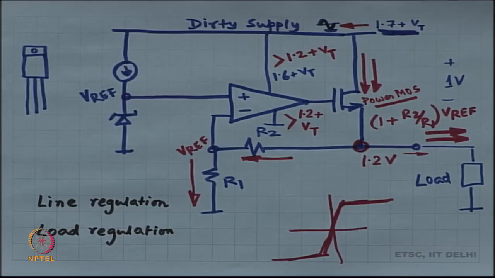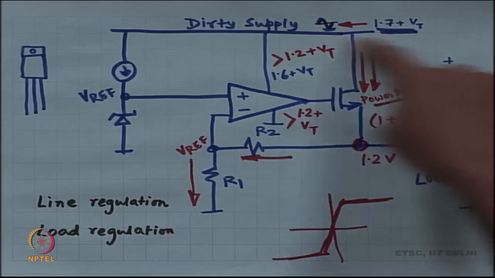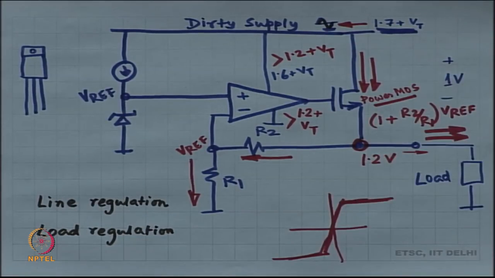All right, which means that if my maximum load current is 50 milliamperes, then the maximum heat in the MOSFET is going to be 50 milliwatts. Which means that the form factor of this particular device has to be such that it can dissipate 50 milliwatts as heat without increasing the temperature of the circuit.